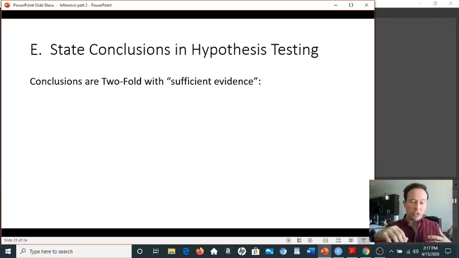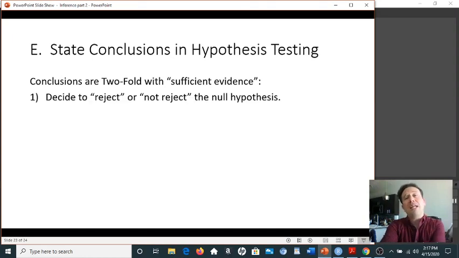Statisticians usually make a statement that there's sufficient evidence to reject this hypothesis, or sufficient evidence to support this hypothesis. Conclusions are twofold because you have two hypotheses, so you have to say something about both.